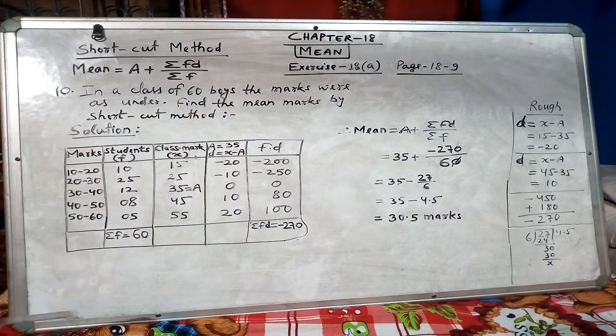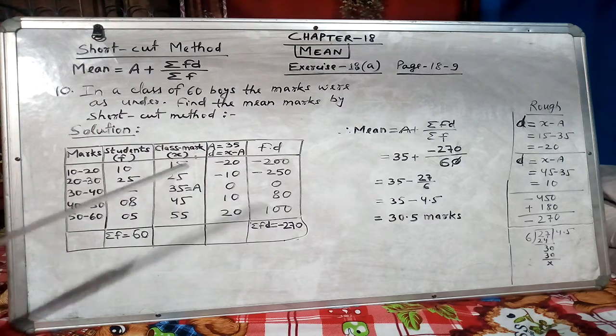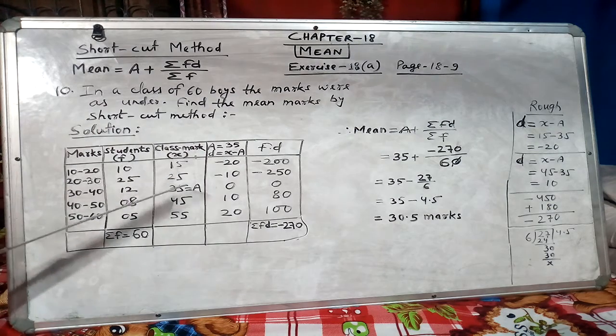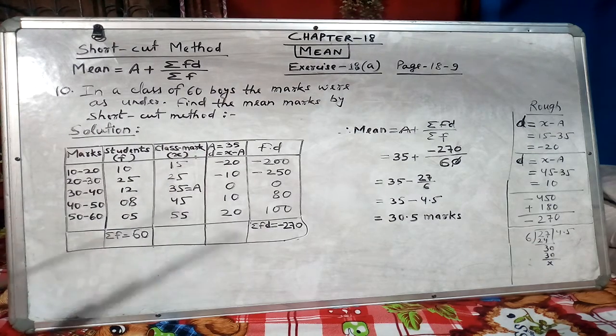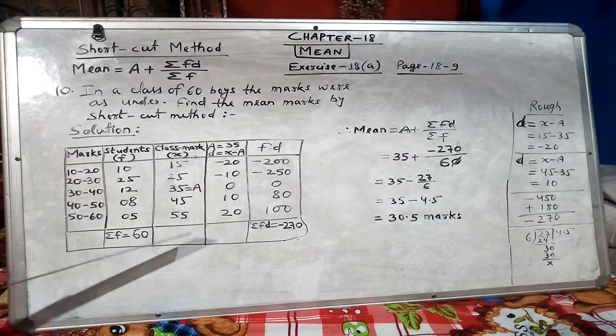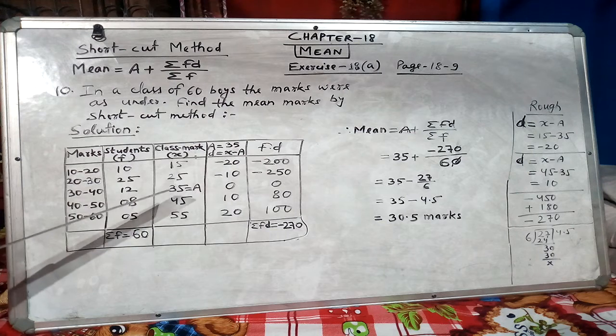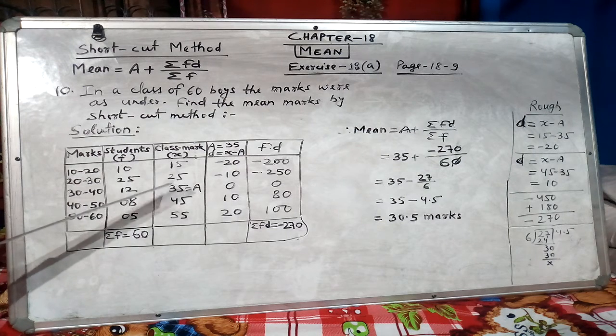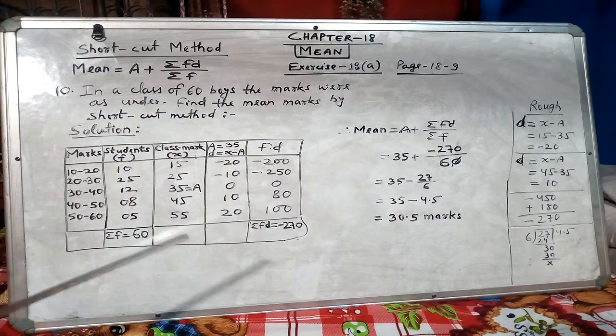A means assumed mean. What is the meaning of that? If you take the middle class mark, you can see there are 5 numbers in this x column, the class mark column. So which is the middle number? The middle number is 35. When we take the middle number, that particular value is called the assumed mean.